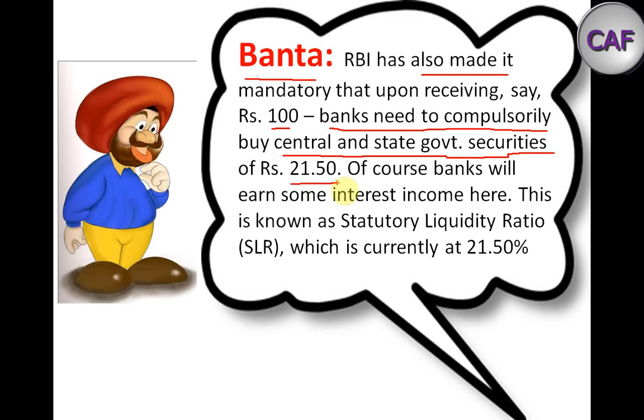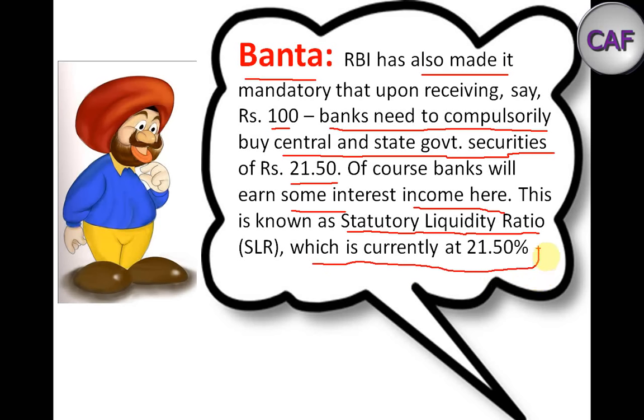This calculation is on 100 rupees. Of course, the bank will earn some interest income here. This is known as statutory liquidity ratio, that is SLR, which is currently 21.5%.